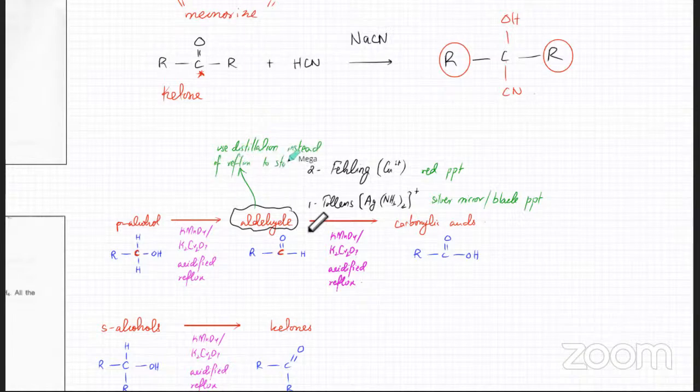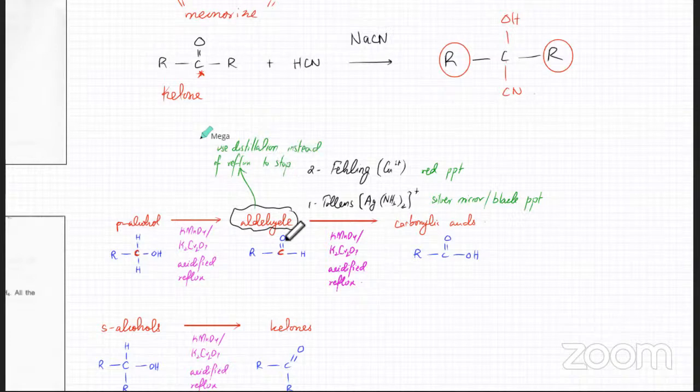If you don't want the reaction to proceed further, and you want to stop at aldehydes and not make carboxylic acids, you use distillation instead of reflux.